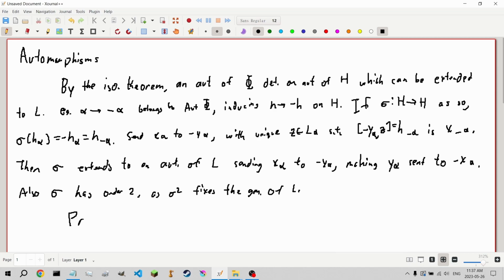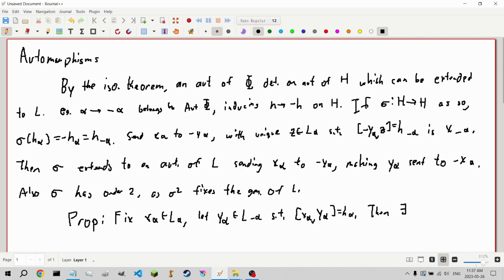Use our proposition. So our L is, as before, not necessarily simple. Fix x alpha in L alpha. Let y alpha in L negative alpha such that the bracket of x alpha and y alpha is h alpha.